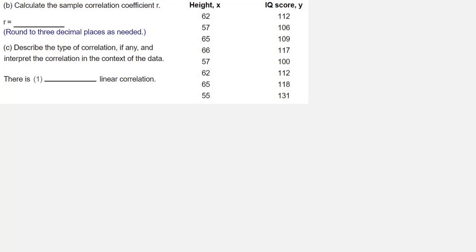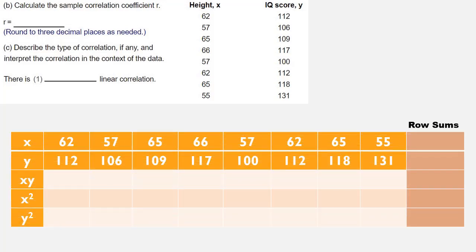For part B, calculate the sample correlation coefficient, which is R. We're going to build a table where we have the x's in our first row and the y's in our second row, and I've added in rows for x times y, for x squared, and for y squared.